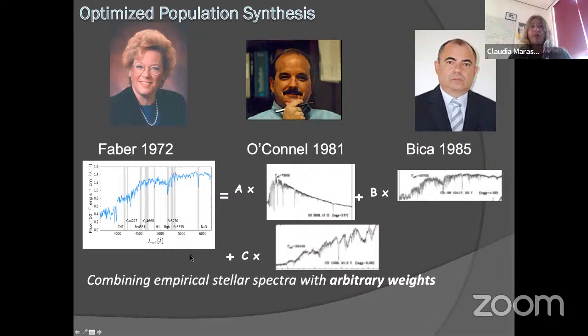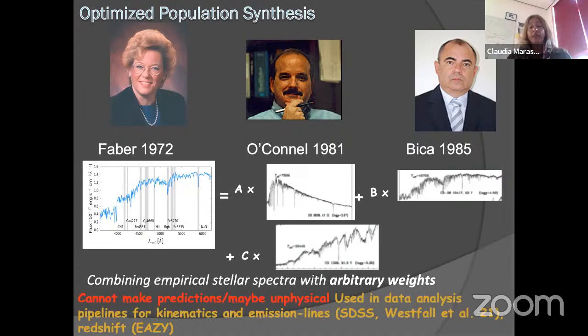So essentially, optimized population synthesis entails combining empirical spectra with arbitrary weights. That's very important. The weights are arbitrary, and one can indeed find a fantastic match to an observed spectrum, in most cases actually to a portion of it, because as you can imagine, there is galaxy evolution.